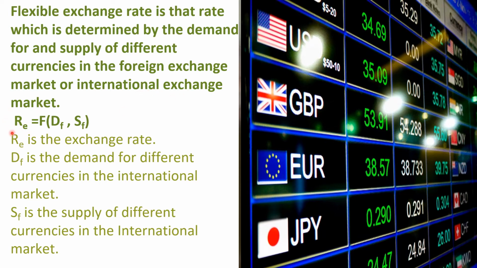We express the exchange rate as a function of demand for foreign exchange and the supply of foreign exchange. In the formula that we see here, RE is the exchange rate. DF is the demand for different currencies in the international market. SF is the supply of different currencies in the international money market.